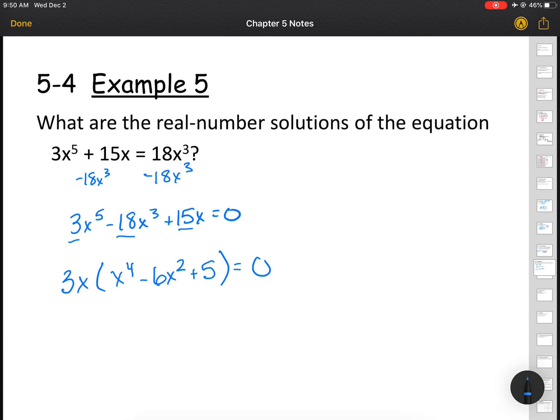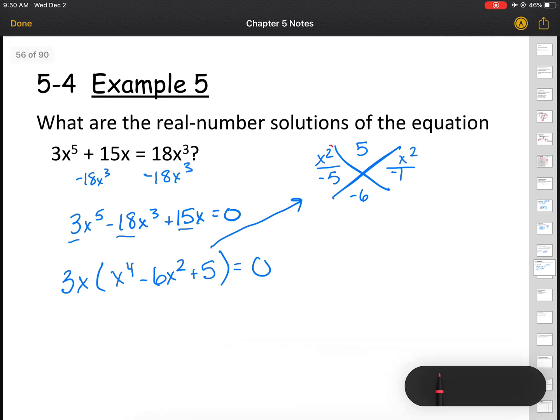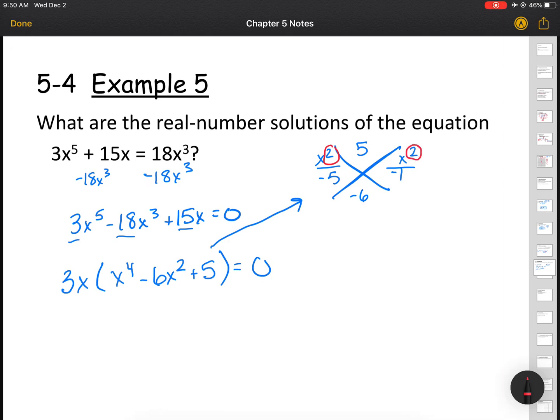Okay, so now I'm going to take that new polynomial inside the parentheses, and I'm going to use the x method on that. Okay, so again, 1 times 5, my a times c is 5, and my b in this case is negative 6. And in order to make those factors there, I need negative 5 and negative 1. But now I'm going to put x squared up top, because I'm going to again split that x to the fourth in half. So I'll kind of highlight there again. I'm making these split in half to be 2 because I need a 4 there.